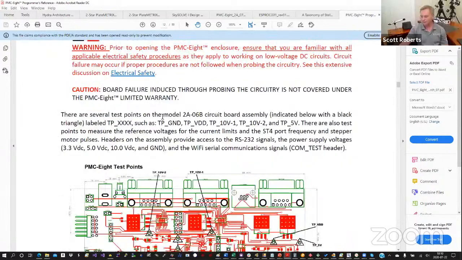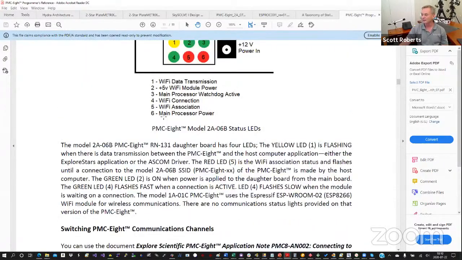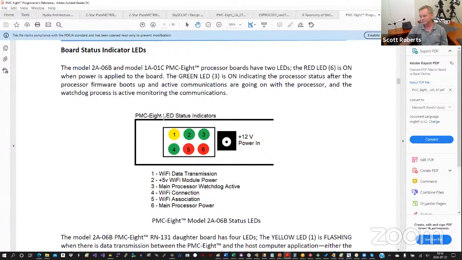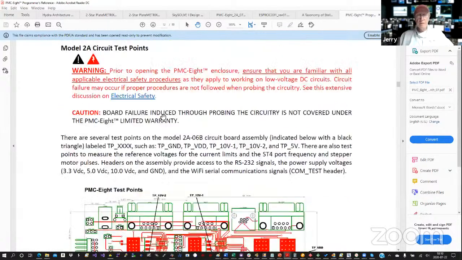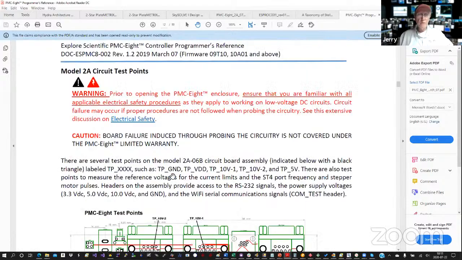Well, this whole thing is going to let you intimately know what the heart of your controller system is doing, and maybe give you some insight into what's going on when you push a button on the ExploreStars app, what it's trying to do, and what components are being used at that time, like the driver chip on the board.